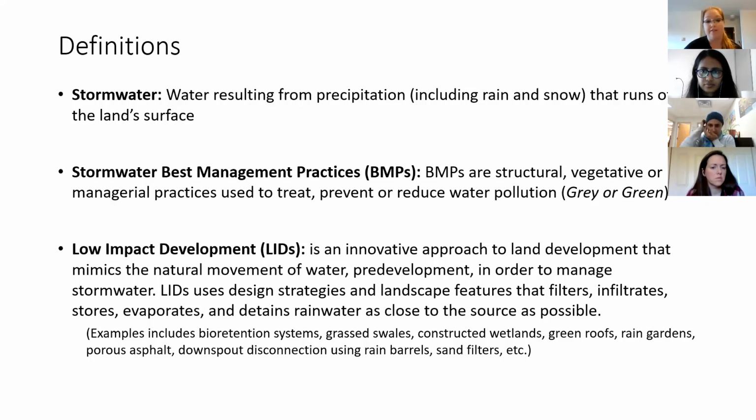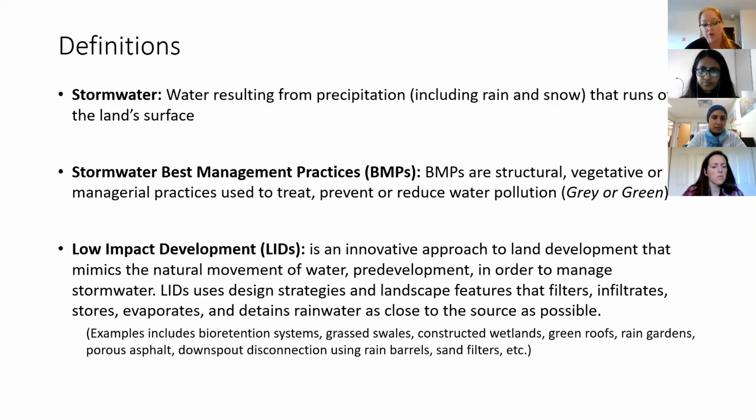Low impact development, or LIDs, is an innovative approach to land development that mimics the natural movement of water pre-development in order to manage stormwater. LIDs use design strategies and landscape features that filter, infiltrate, store, evaporate, and detain water as close to the source as possible.